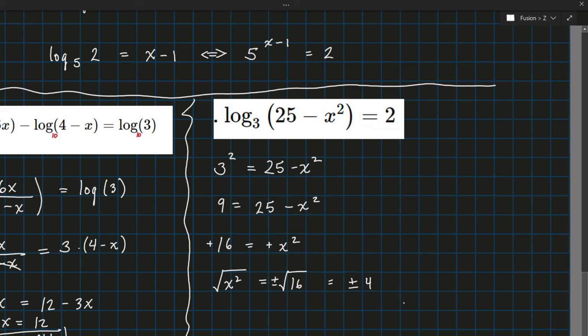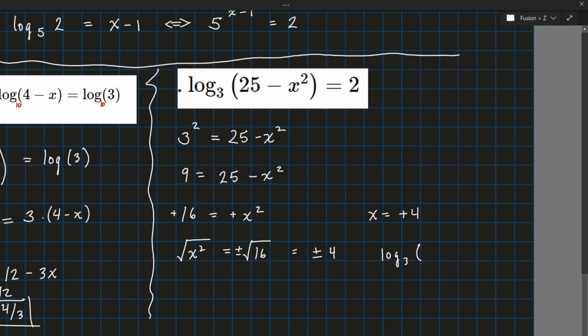If x equals plus 4, when we plug that into our original equation, we have log base 3 of 25 minus 4 squared, which is 16, so 25 minus 16 is 9. That's okay, that's valid.